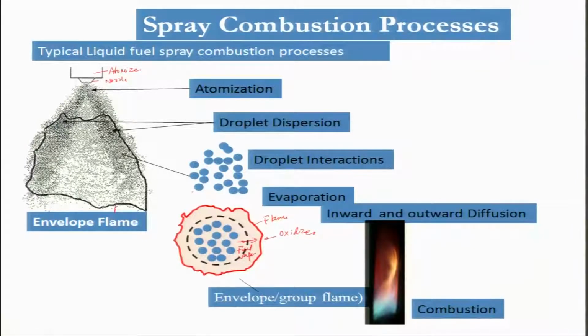There might be a situation where a single droplet flame is there, and there might be a situation of two burning droplets having a flame together, a little far away. So, all permutations and combinations can occur.